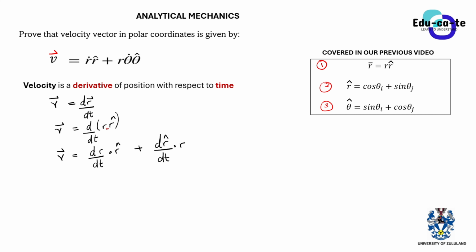We've applied the product rule because this is a product of the magnitude and the unit vector of the position vector r.